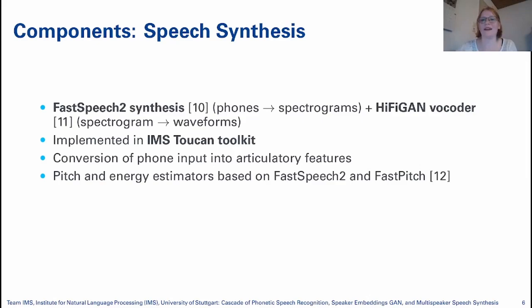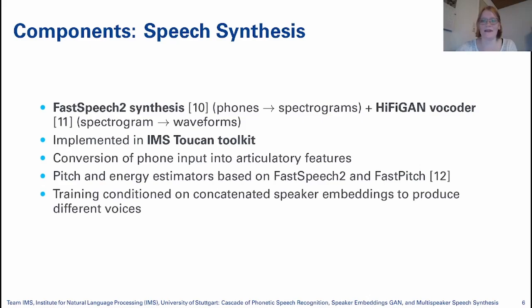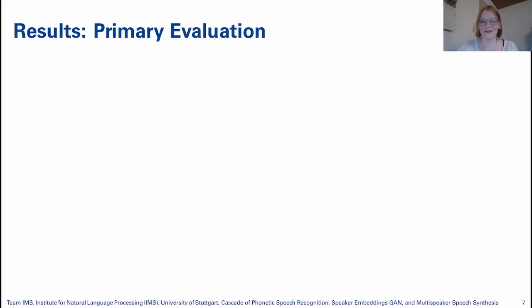The pitch and energy estimators are based on FastSpeech 2 and FastPitch. And we train the model conditioned on concatenated speaker embeddings in order to actually produce voices that are different depending on the speaker embedding. Let's jump directly to the results of our method.